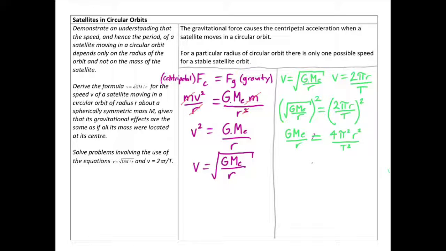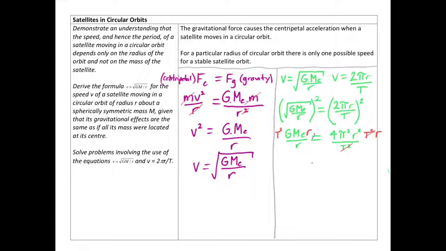Now, as I said, the thing that we're normally most interested in is getting period on its own. So we're going to do a little bit of algebra here. At the moment, period is on the bottom, which is a bit of a pain. We want to get it to the top. So I'm going to times both sides by the period squared. Then that cancels. Now, I want to get rid of all this stuff on this side. So let's get rid of the r on the bottom. We'll times both sides by r.